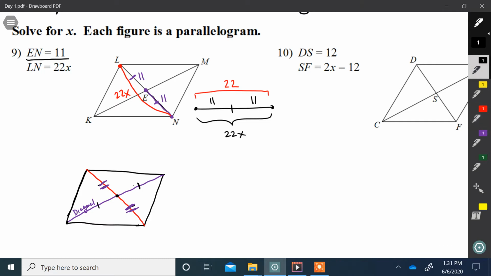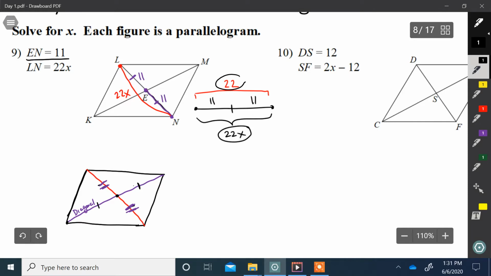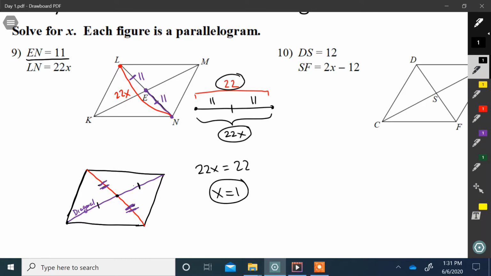That makes sense logically. And that's how geometry is. You have to see the figure, you have to see the problem, and it has to make sense logically. That means that 22x is equal to 22. So that means that x better equal 1. As simple as that, guys.